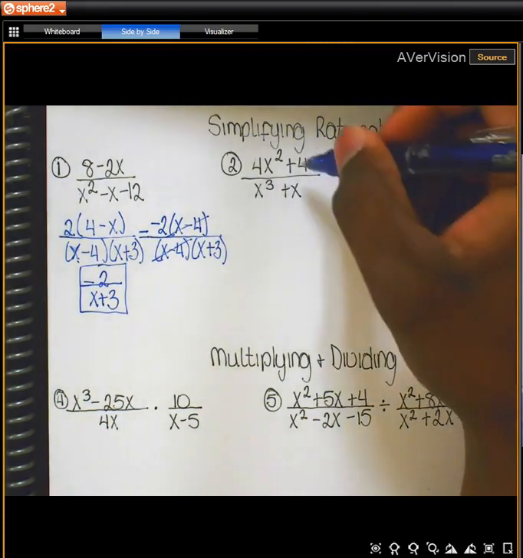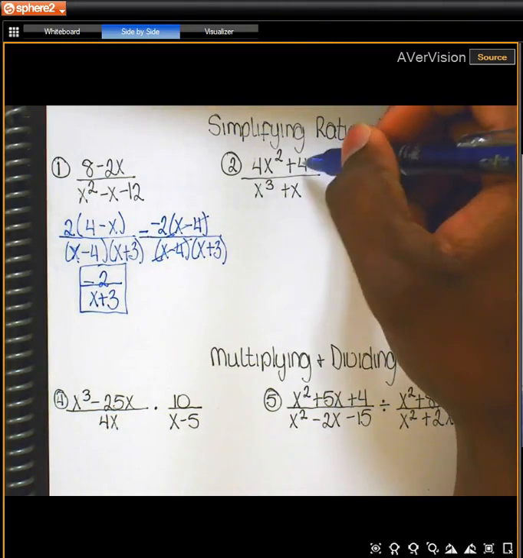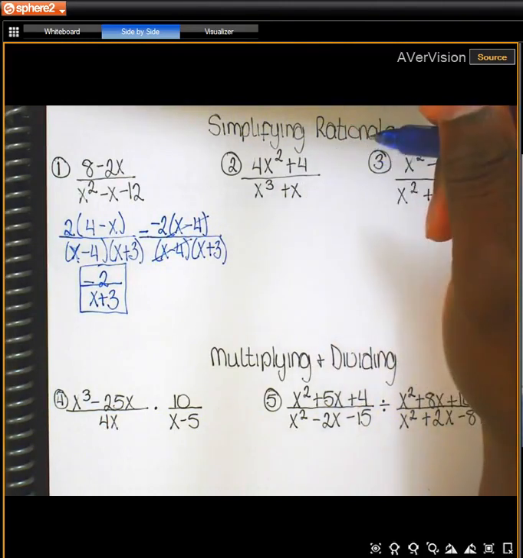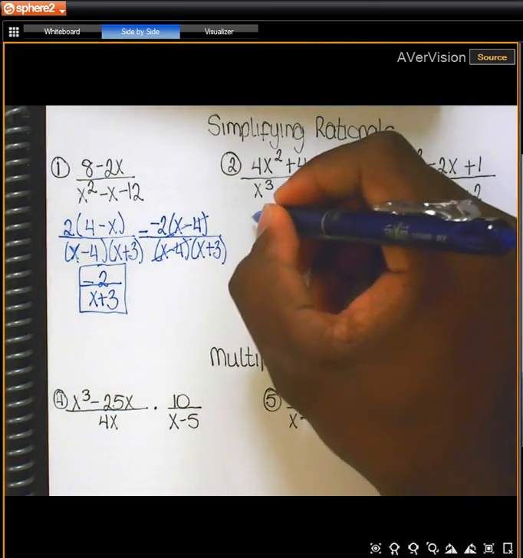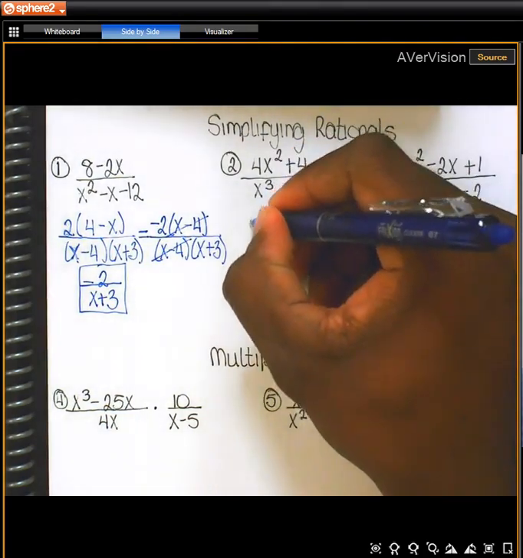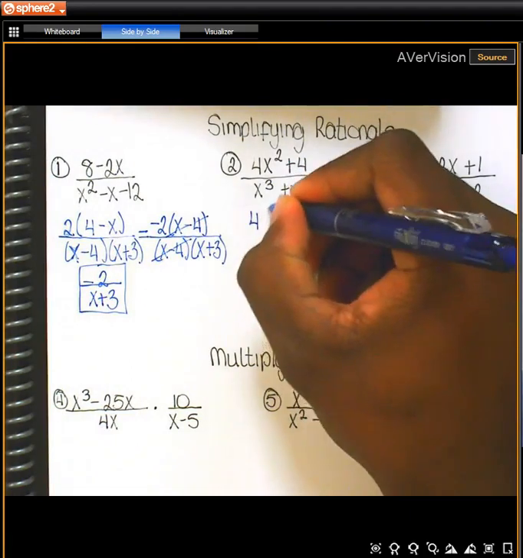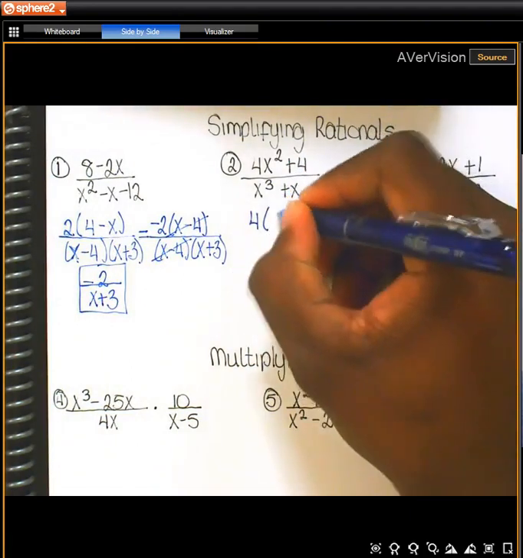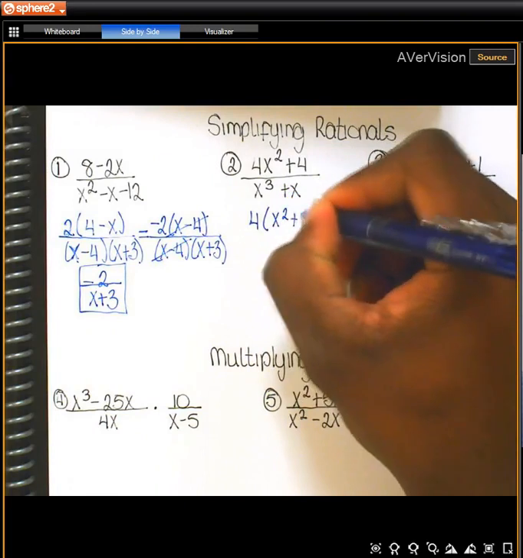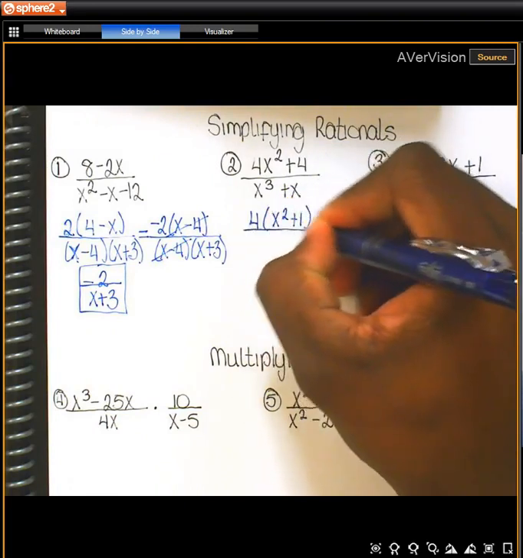Yeah, look for GCF in the numerator and denominator. What's the GCF here? So the GCF in the numerator is 4. If we take out 4, what's left? And what's the GCF in the denominator?